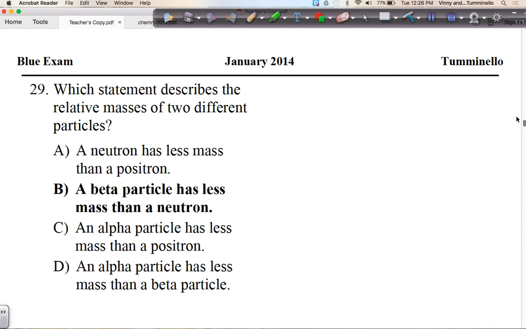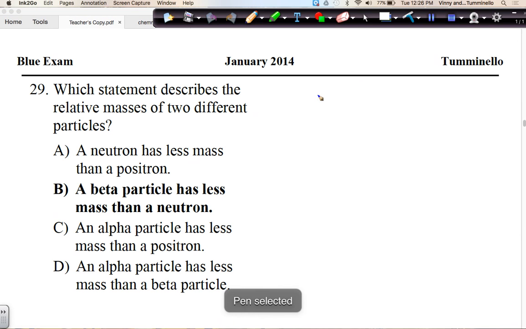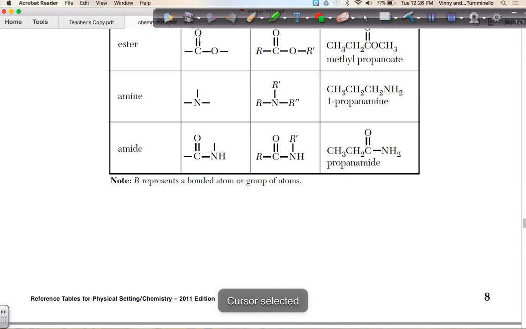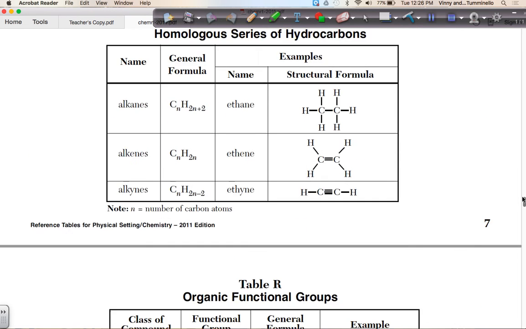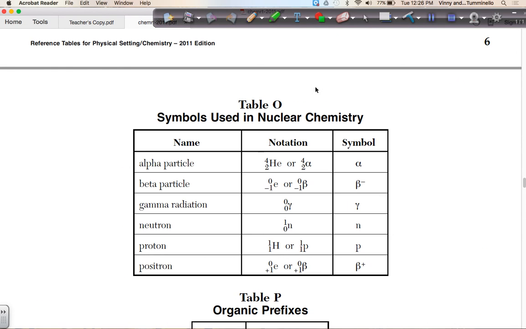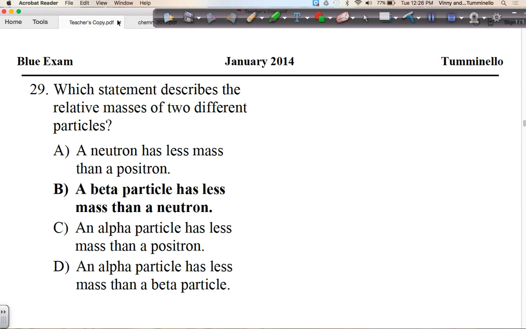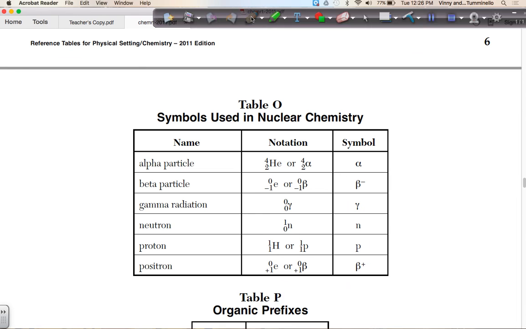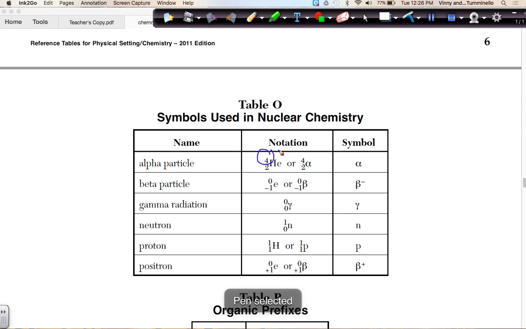For number 29, which statement describes the relative masses of two different particles? We could use table O for this, and on table O we can find the symbols for these particles. We need an alpha particle, a beta particle, and a neutron. We can see that an alpha particle's mass is 4.